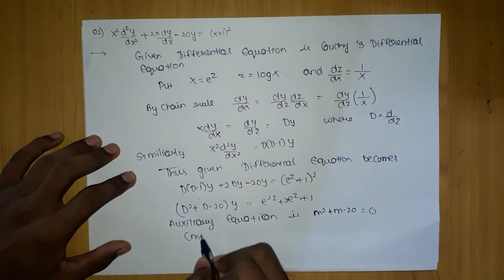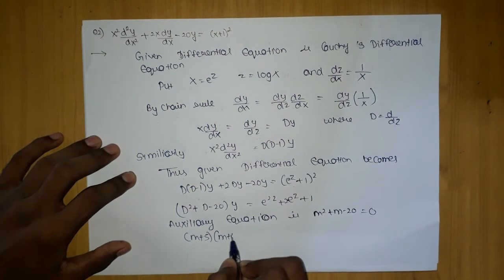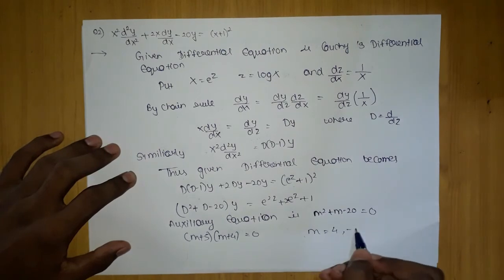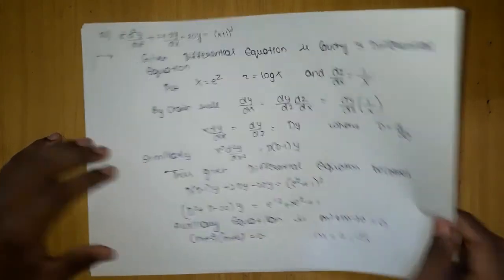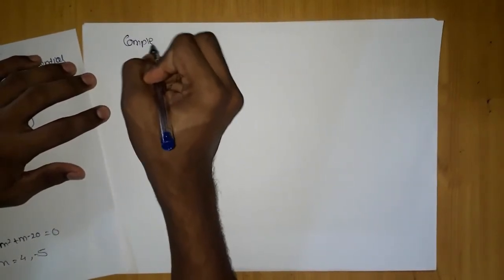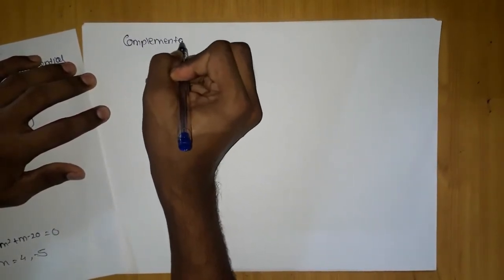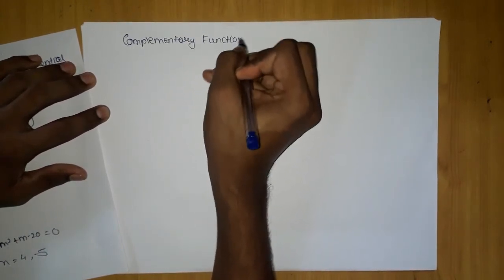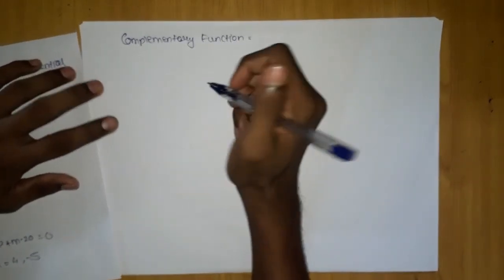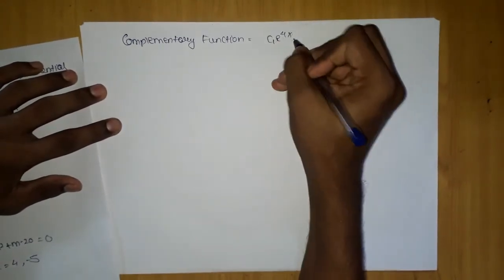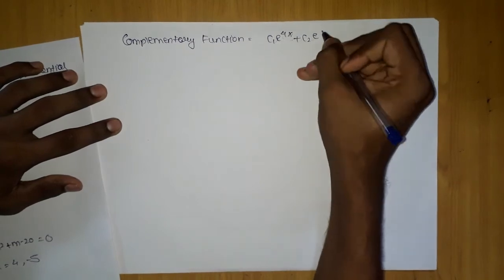If you solve, you will get (m plus 5) and (m minus 4) equal to 0. So you will get m equals 4, minus 5. So roots are real and distinct, and you can get the complementary function, which will be c1 e to the power 4z plus c2 e to the power minus 5z.